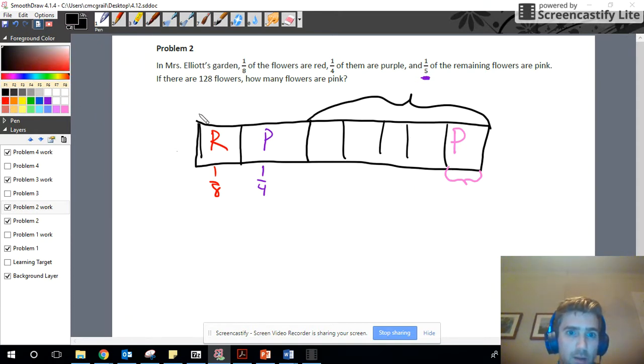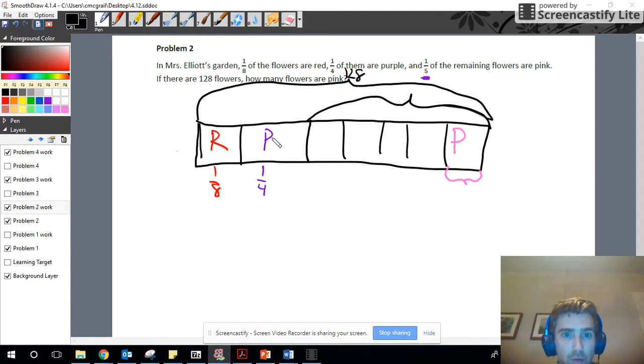So if this entire thing is 128 flowers, I didn't leave myself a whole lot of room. This whole thing is 128 flowers. Once I find out how many are red and purple, I can find out how many are left and then find 1/5 of that. So my first task is to find out how many flowers are red.